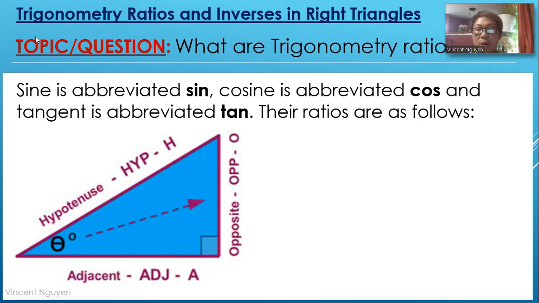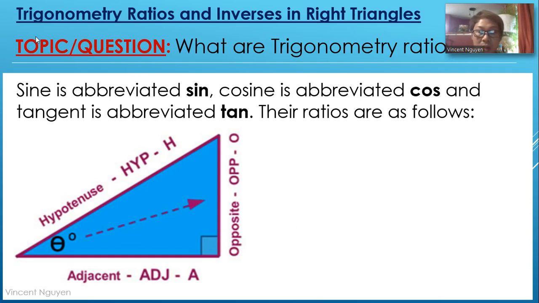So the ratios for these functions are as follows. Let's talk about the angle of reference, delta, as shown in this picture. Right straight across from that angle would be the opposite side of that angle, right? And then the other leg would be the adjacent. And then the hypotenuse is, of course, the side that is across from the right angle.